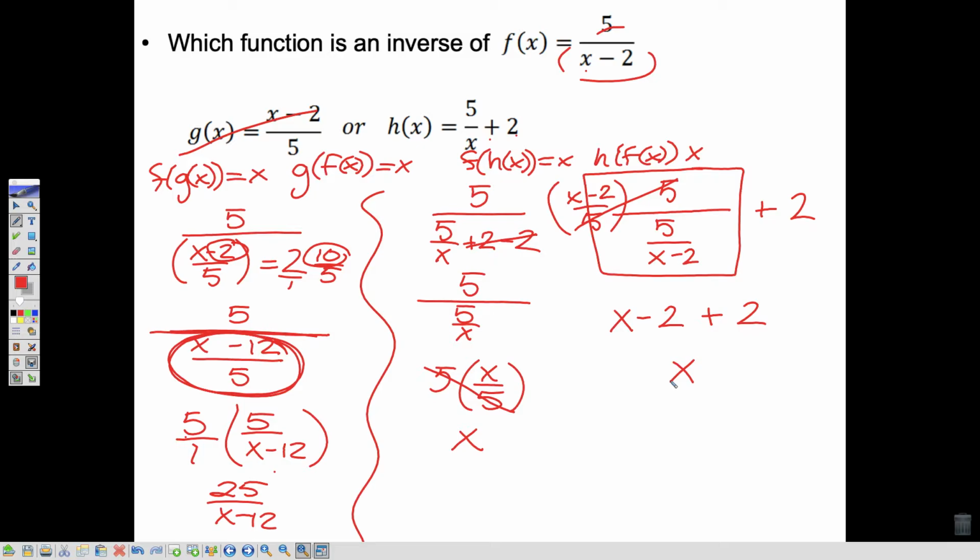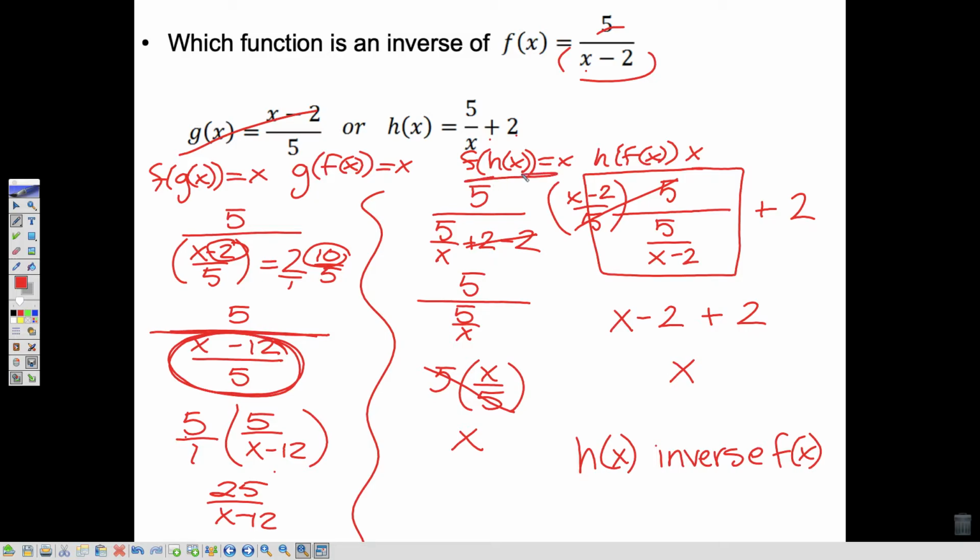Okay. Because it says, which one is the inverse? So I guess h of x is the inverse of f of x. But we had to verify that by doing h of f of x. Make sense? What is the whole right side of what we just did? We already got the x from the right, but we have to do both.